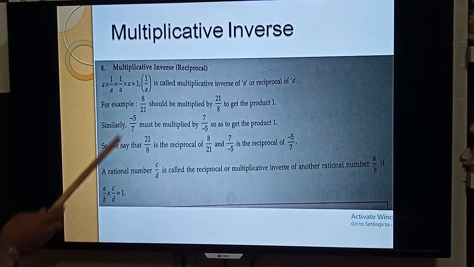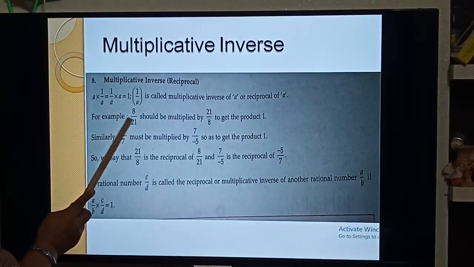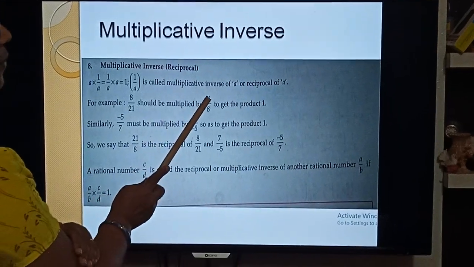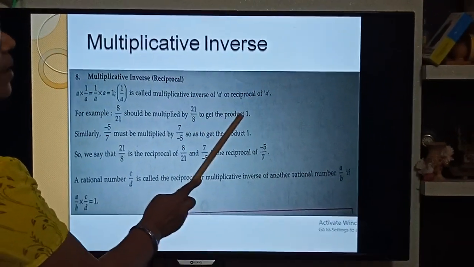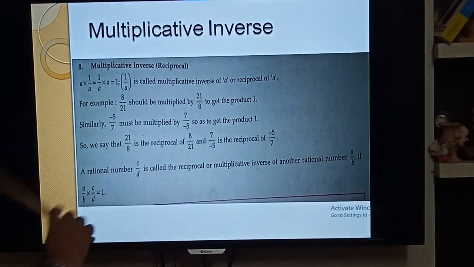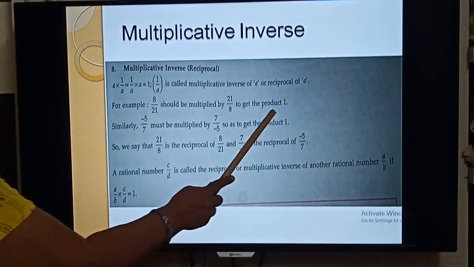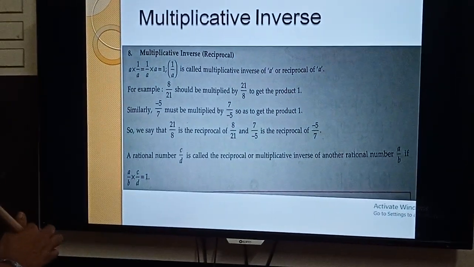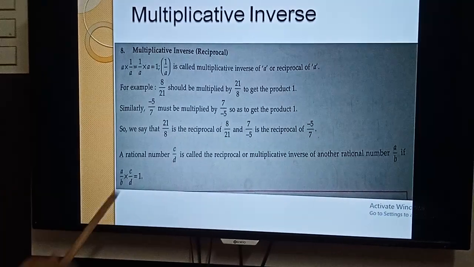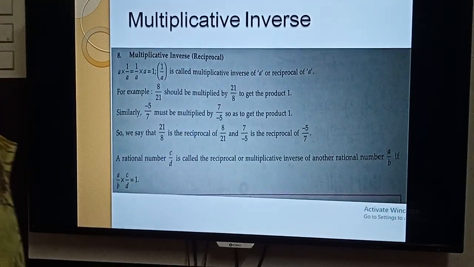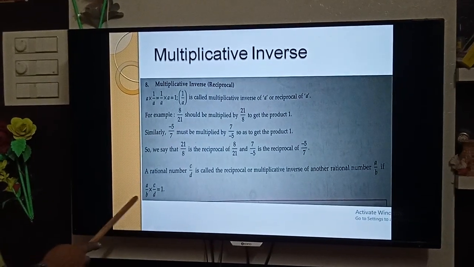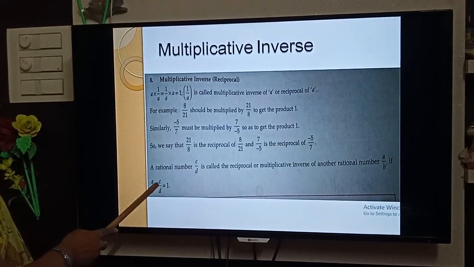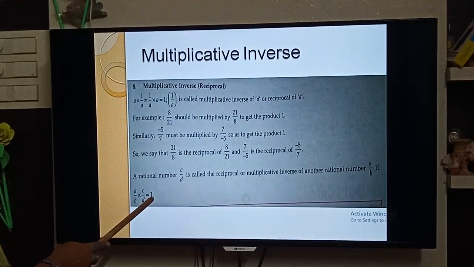Here are so many examples. 8 upon 21 should be multiplied by 21 upon 8 to get the product 1. When we multiply those numbers, we should get 1 as the ultimate or final answer. Such numbers are called multiplicative inverses. So here a by b into c by d must equal 1.